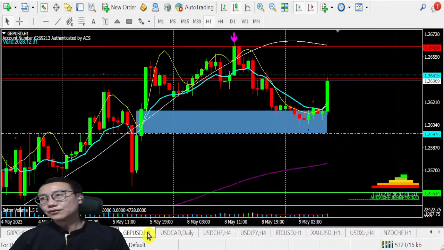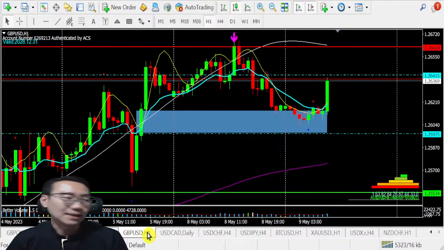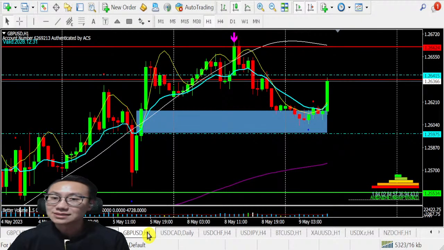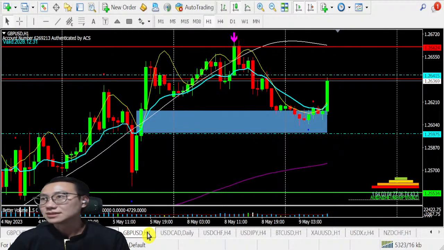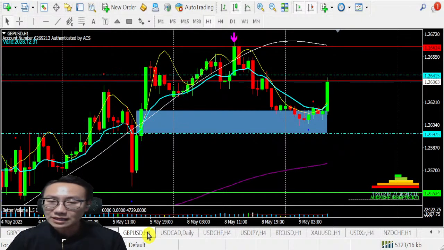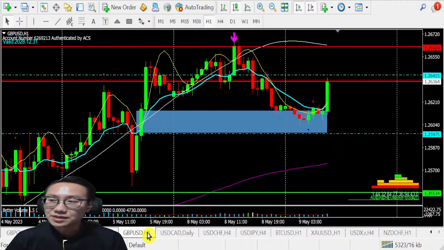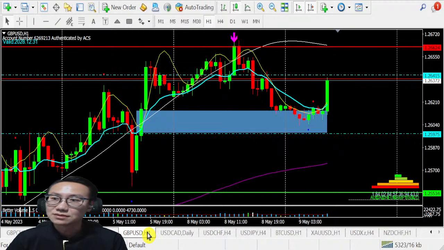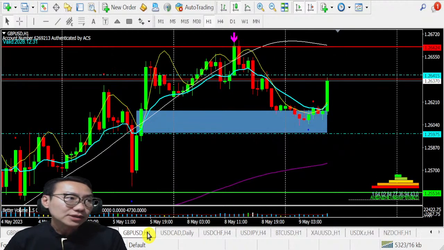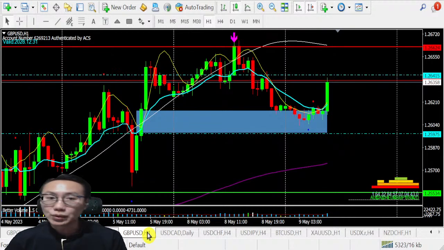If you are able to identify where the supply is and where the demand is, from the perspective of the retail trader, we are able to tell where the smart money is going.